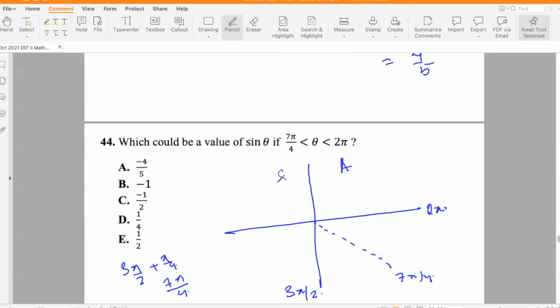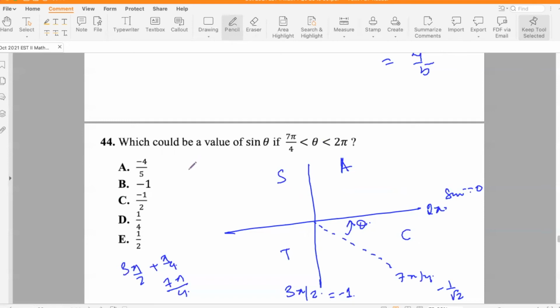Now, ASTC, sine 2 pi is 0, sine 3 pi by 2 is -1. So this would be -1 by root 2, right? Now theta is here in this range. So sine theta would have to be between -1 by root 2 and 0.